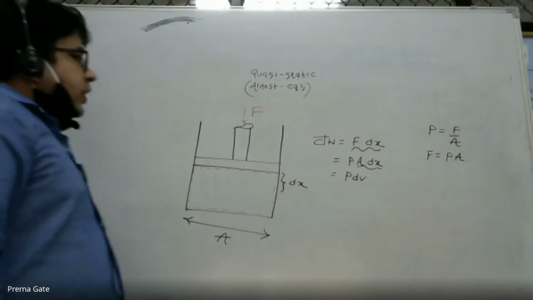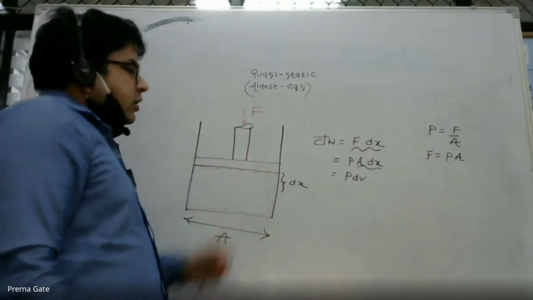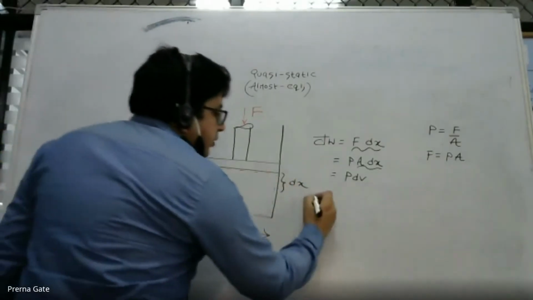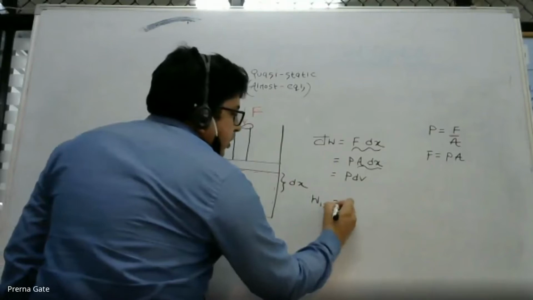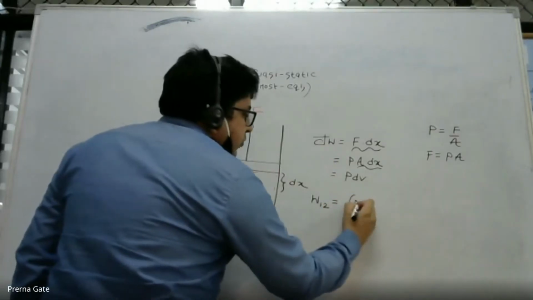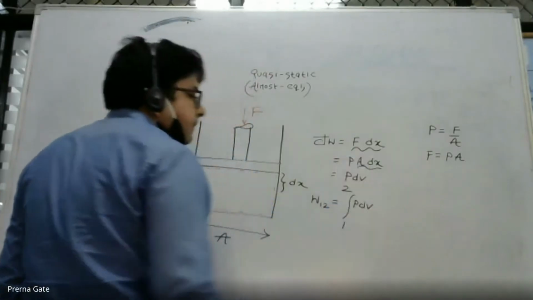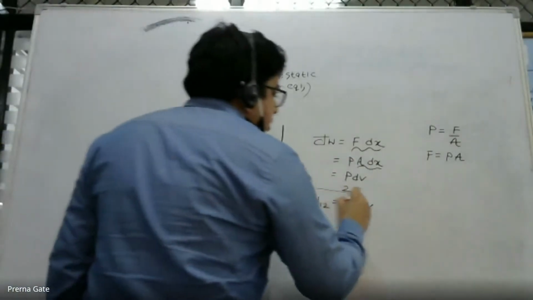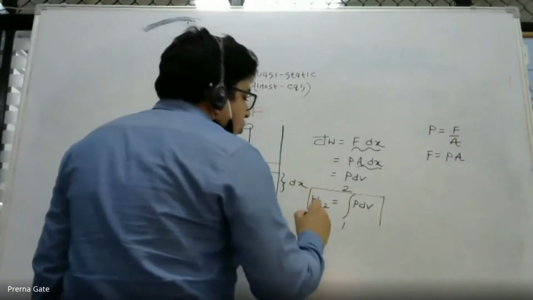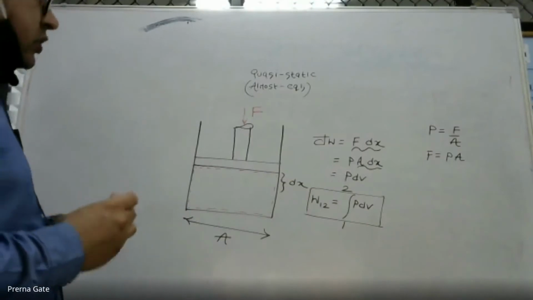So if I have to calculate the total work in compression of this ideal gas, we have to integrate it, and we have to write down work done during the process 1 2 is nothing but integration of p dv from 1 to 2. Okay, so this is the equation of work done in a quasi static process.